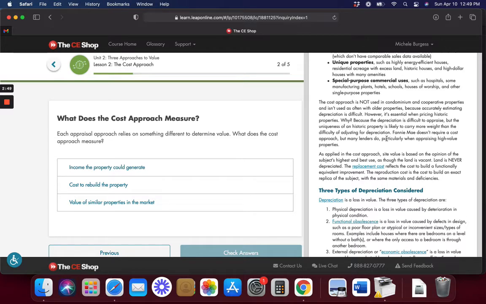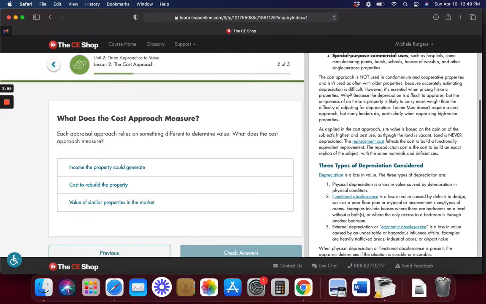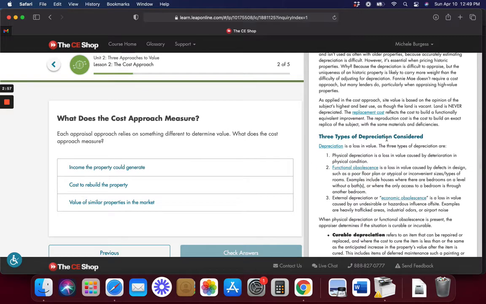Fannie Mae doesn't require a cost approach, but many lenders do, especially when appraising a high value property. The cost approach site value is based on the opinion of a subject's highest and best use, with the land as vacant. Land is never depreciated. The replacement cost reflects the cost to build a functionally equivalent improvement.